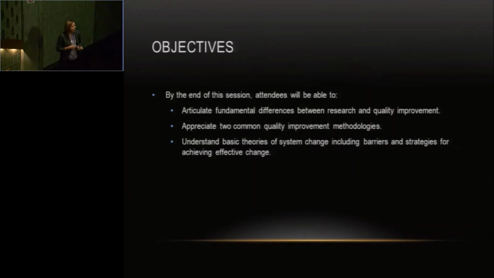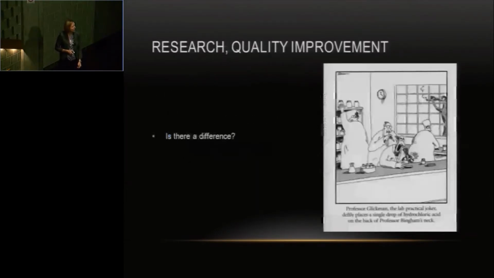Especially for those very clinical fellowships. We're going to talk about two common quality improvement methodologies, as I touched on. And then, if we have enough time, we're going to talk about how you change a system, okay? Some strategies for change.